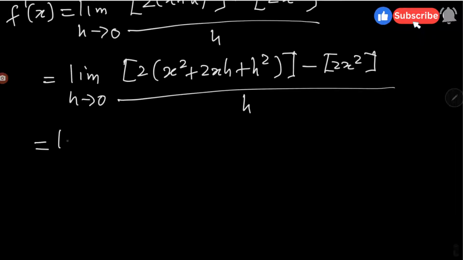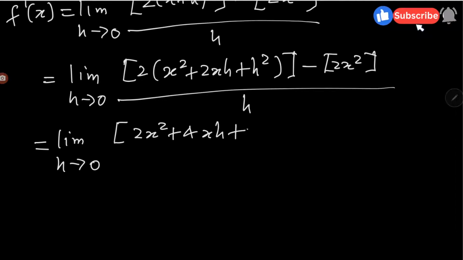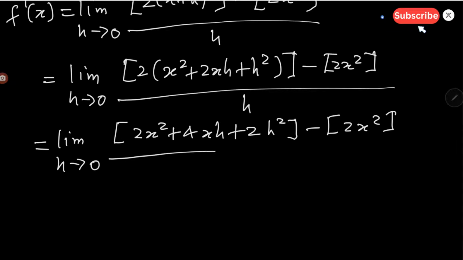We'll say this is the limit as h tends to 0. So here we shall just multiply 2. In this expression we'll have 2x squared plus 4xh plus 2h squared, and this is minus 2x squared, and we're saying this is over h.